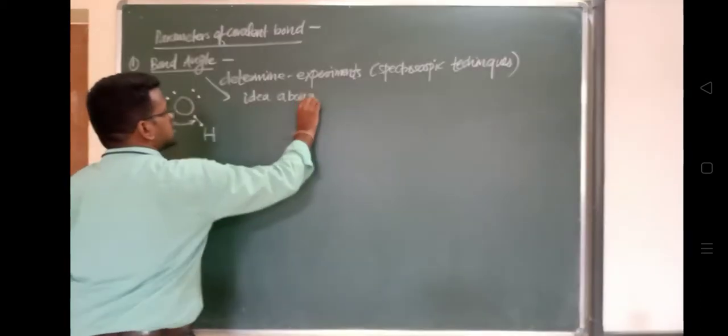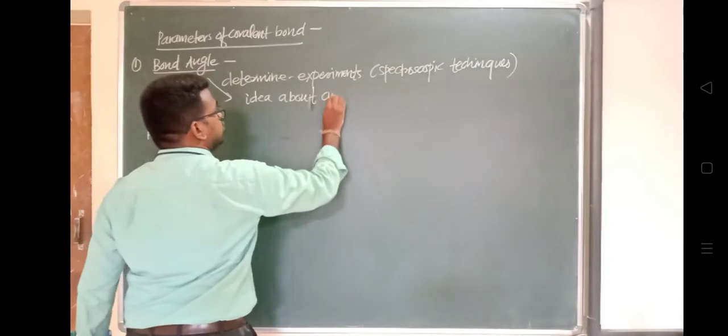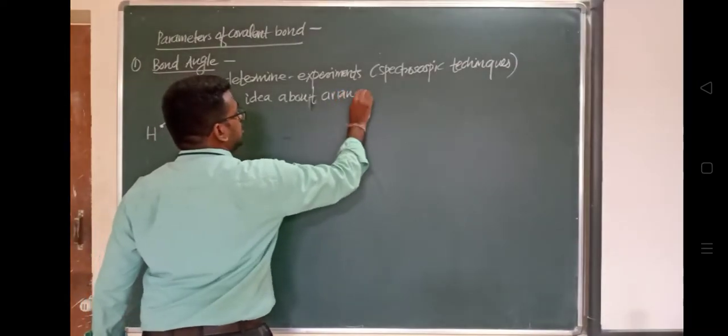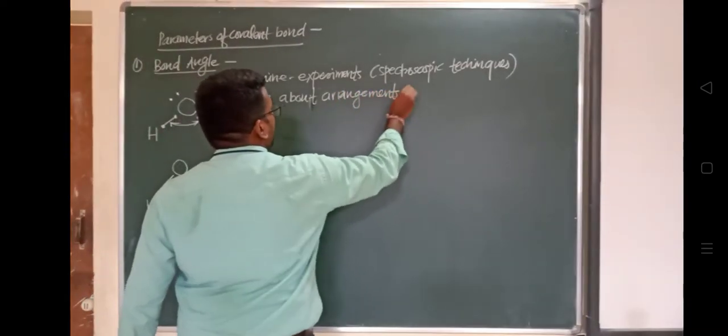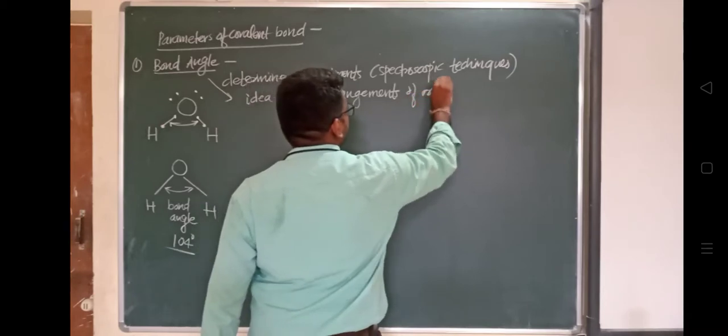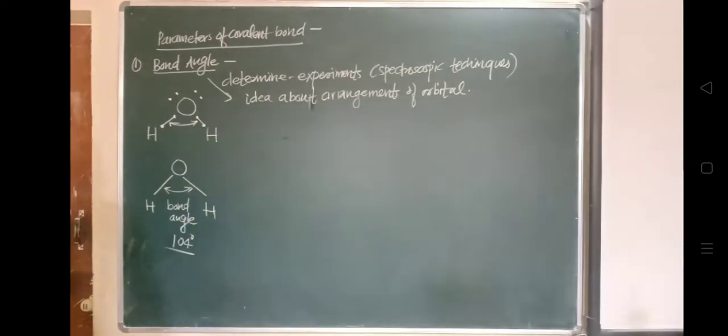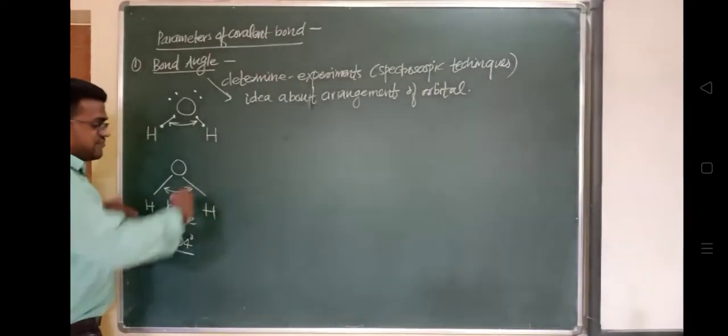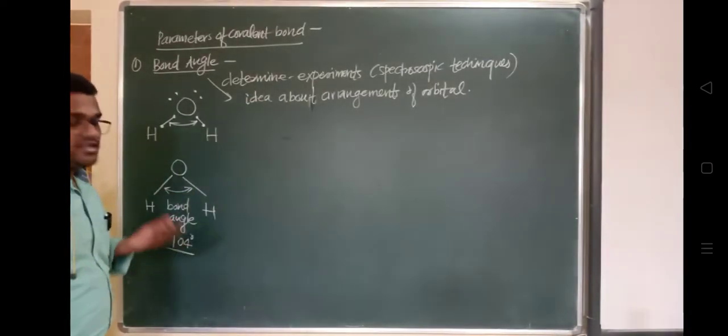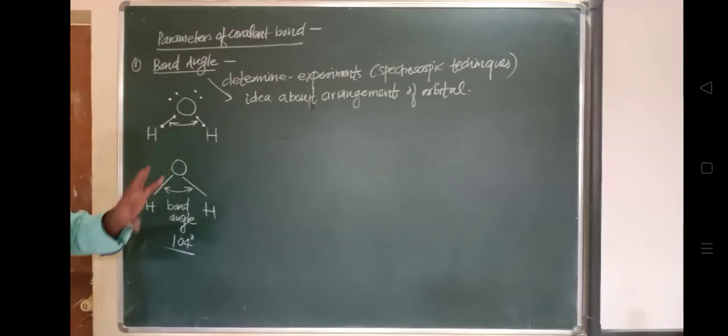Because if the bond angle is different, the geometry will be different, definitely. So this bond angle gives us a basic primary idea of how the orbitals are arranged around the central atom. Right now we can say this oxygen is the central atom, around which these two hydrogen atoms are present.